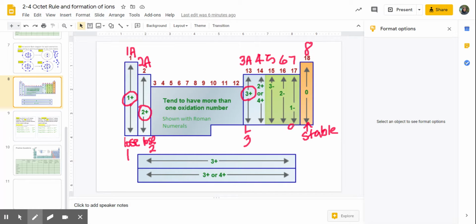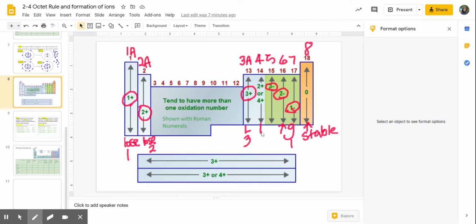So they're going to try to gain 1 electron, and it becomes -1. Also, the one right before is short by 2 valence electrons. So they're going to gain 2 and become -2. The one right before are short by 3 valence electrons, and then when they gain those 3, it'll become -3.